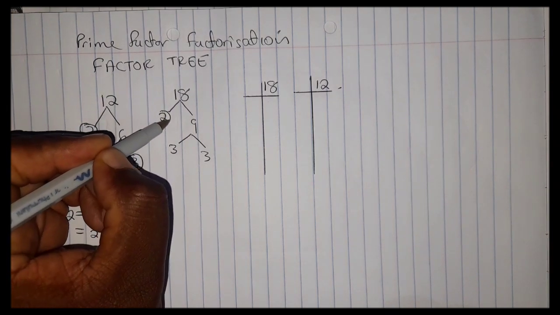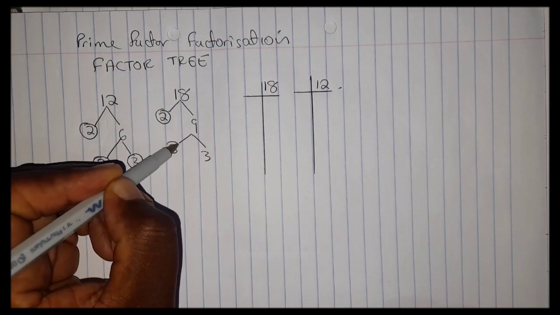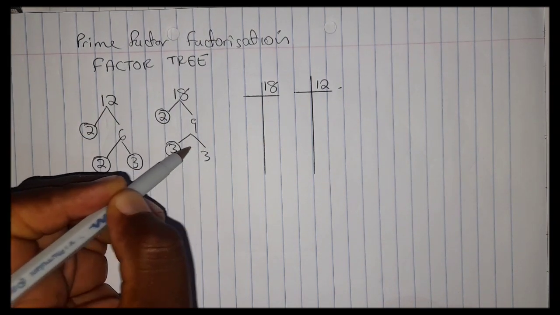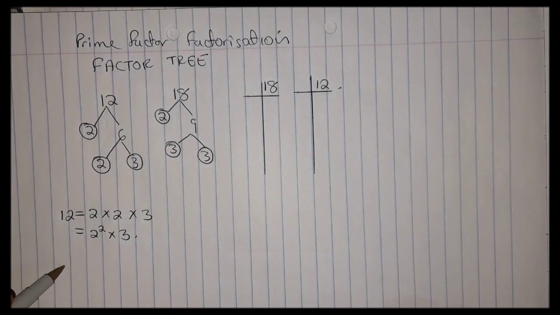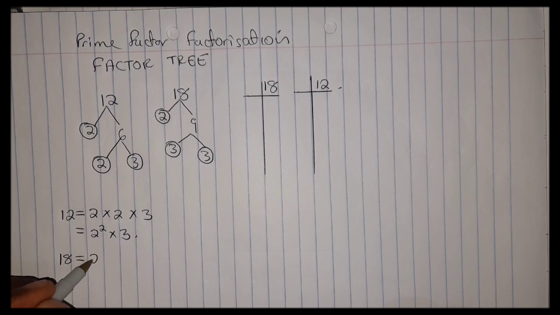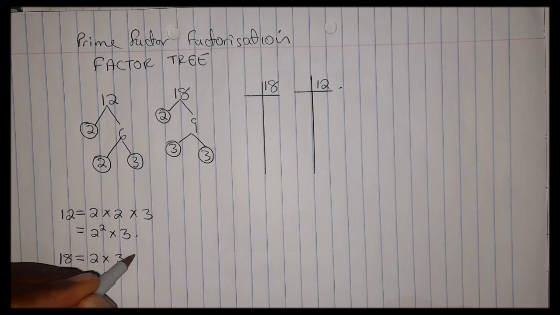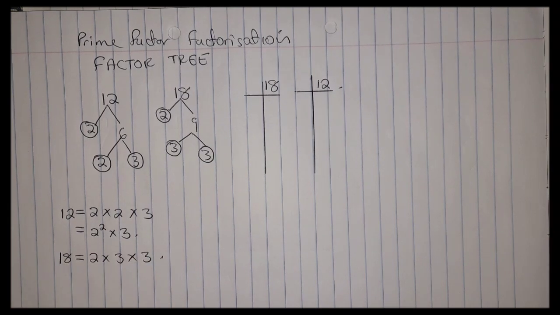So our prime factors are 2, 3, and 3. So 18 can be written as 2 times 3 times 3. We have written 18 as a product of its prime factors.